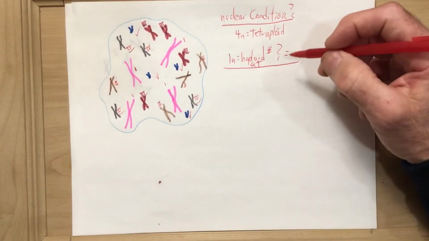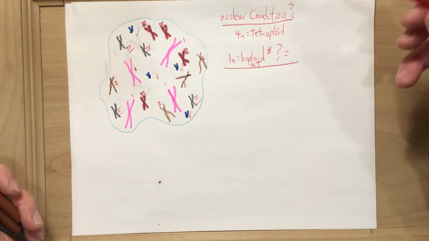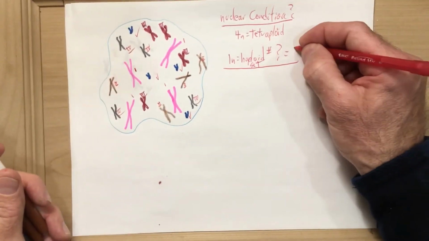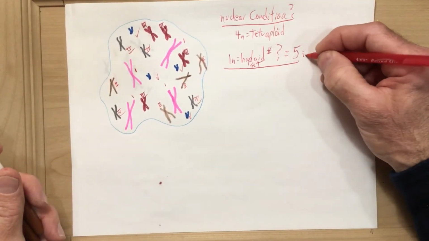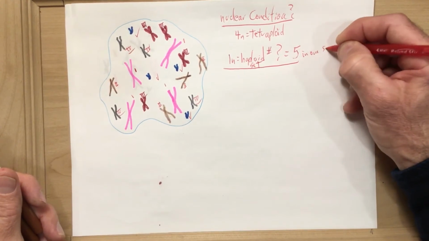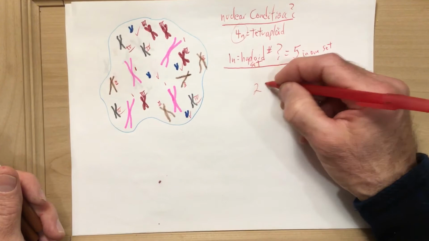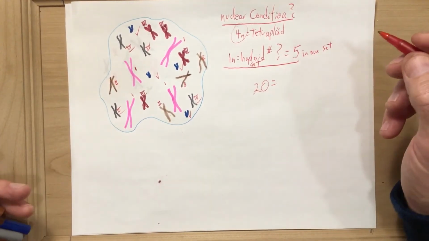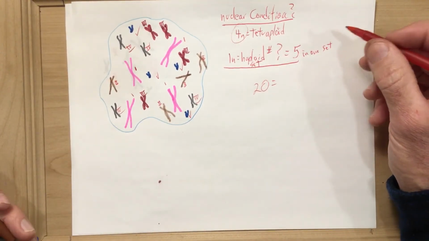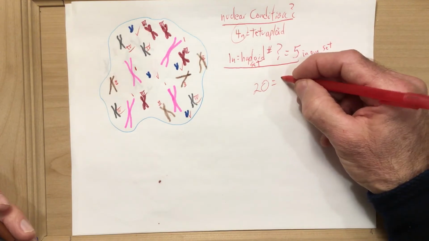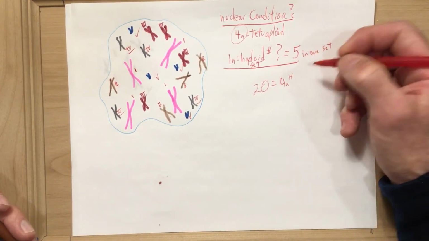So one whole set, which means all the chromosomes that are absolutely different from each other, is 5. There's 5 in one set. It just so happens that there are 4 sets. So don't you think that 20 must be the what number? 20 is the tetraploid number, right?